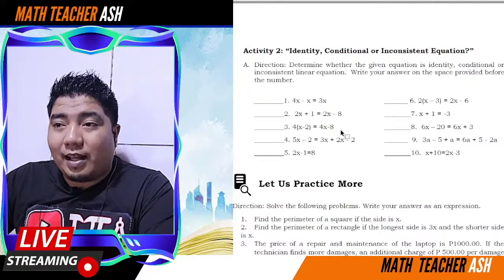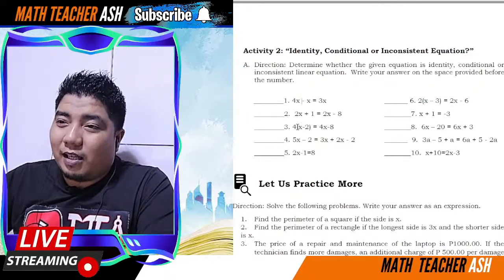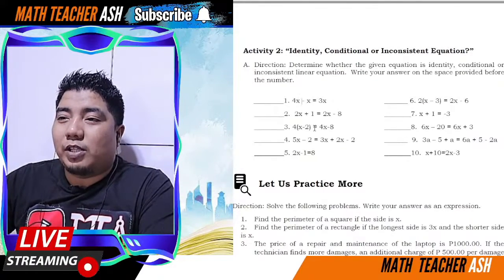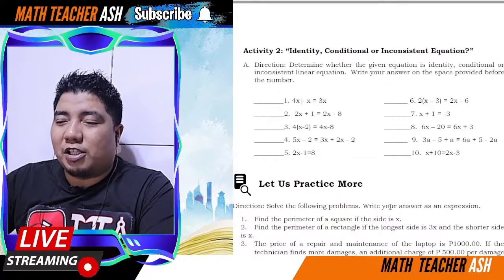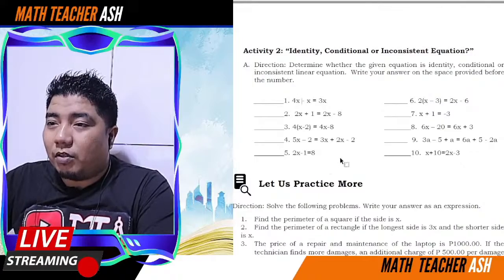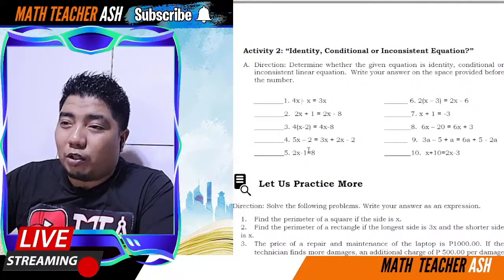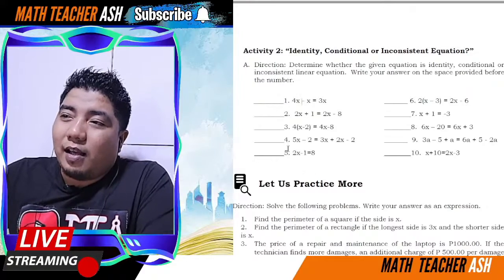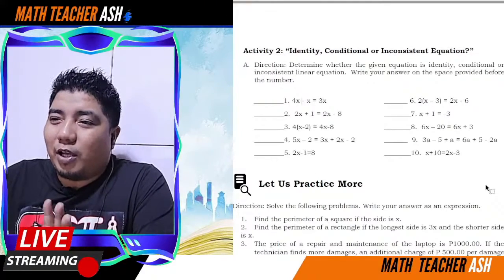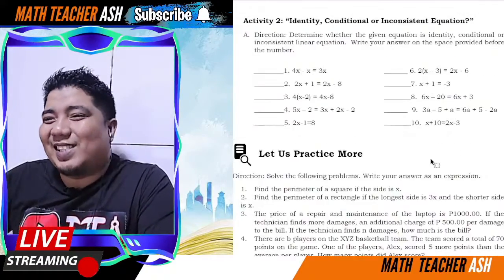This is still an identity equation. Okay? Bakit? Kasi they will become equal. 4x minus 8 ang lalabas. Okay? And they are just the same. We have here 3x plus 5x. Identity pa rin ito. 2x minus 1 is equal to 8. Ito is a conditional equation. Okay? So, I hope nakuha niyo yun, my dear math learners. Kayo naman ang sumagot dito sa 6 to 10.